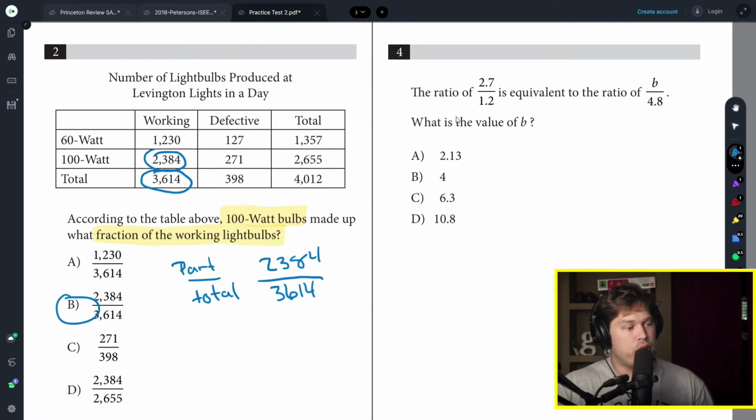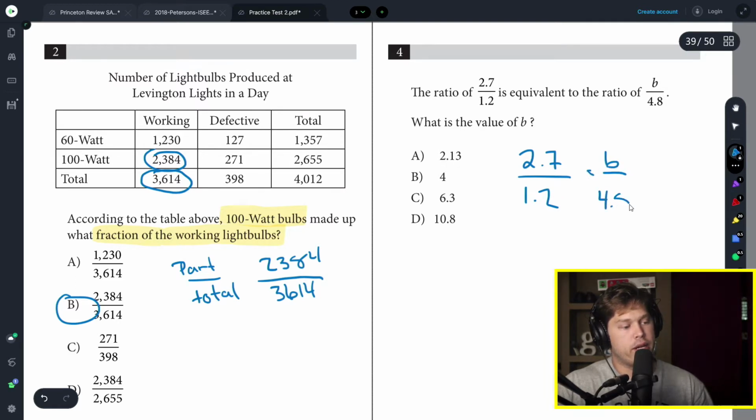Number 4, the ratio of 2.7 over 1.2 is equivalent to the ratio of b over 4.8. What's the value of b? So we have 2.7 over 1.2, and it's equivalent to the ratio of b over 4.8.